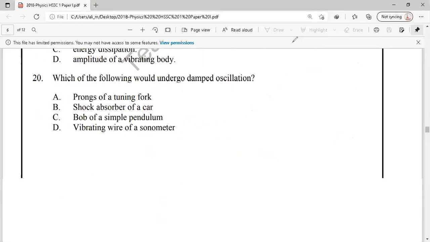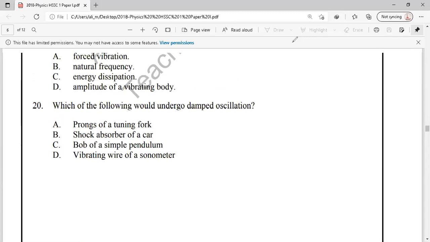Let's see question number 20. Which of the following would undergo the damped oscillation? Damped oscillation is a process in which the amplitude of the vibrating body gradually decreases with time.